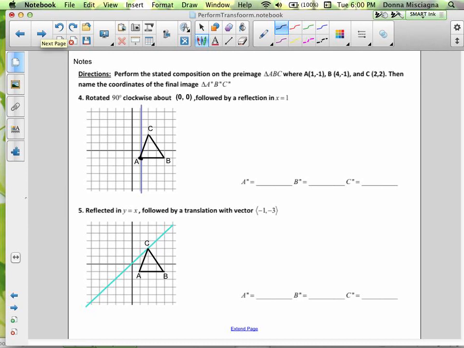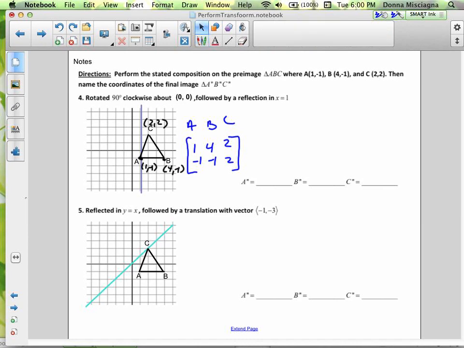That's point 1, -1, and this here is the point 4, -1, and then we have 2, 2. All right, so let's write that down. All right, so we have A, B, C, and our matrix, and we have 1, 4, 2 and -1, -1, 2. I just always write that down first of all.